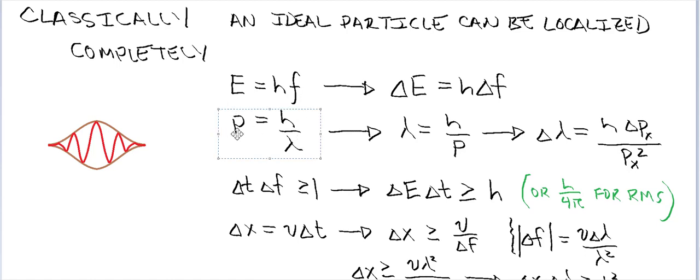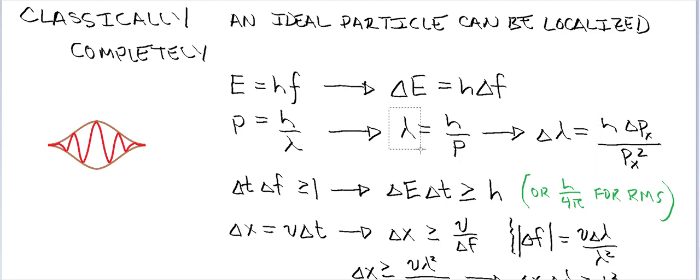Similarly, we have that p is equal to h over lambda, and so lambda should be h over p, but that means that delta lambda should be h times delta p over p squared. I dropped a minus sign here, right?